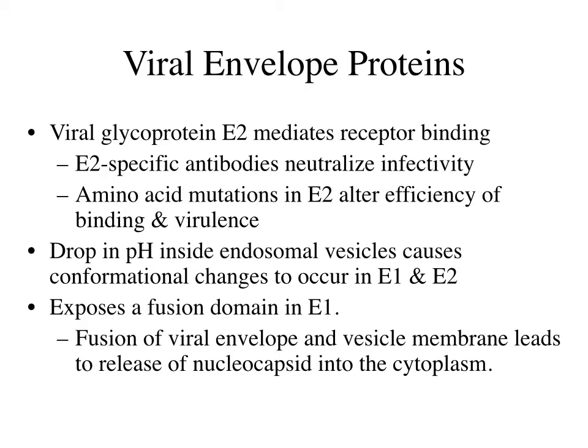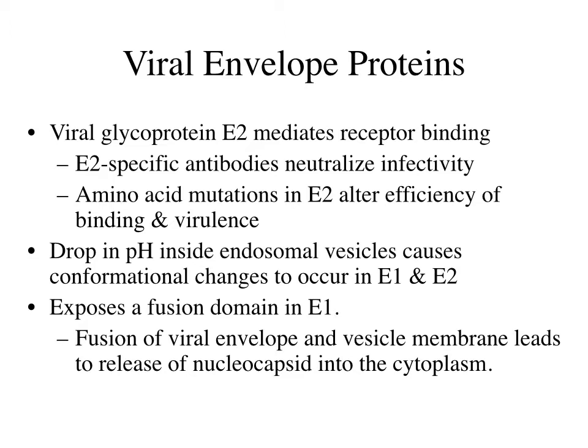Also, when they've found amino acid mutations in E2, those mutant viruses had an altered efficiency of binding and virulence. So these observations suggest that E2 is the anti-receptor.